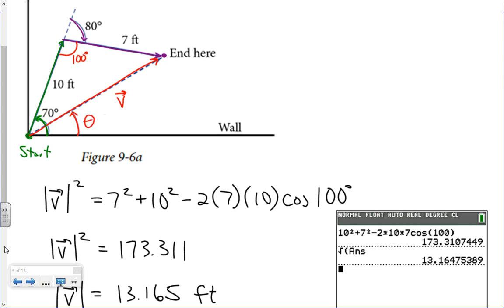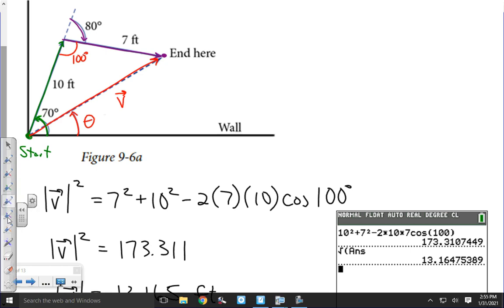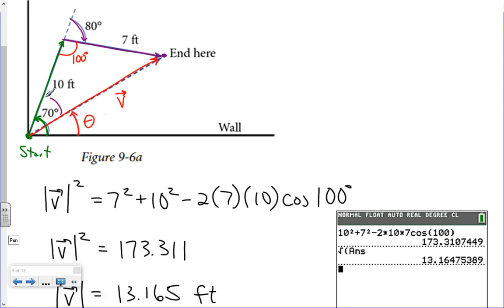But notice theta is not in my triangle. Theta is outside of my triangle. But I can use that to help me come up with the angle that's in my triangle. I'll draw this in purple here. This angle right here is opposite that purple vector. That angle is actually the difference between these two angles.